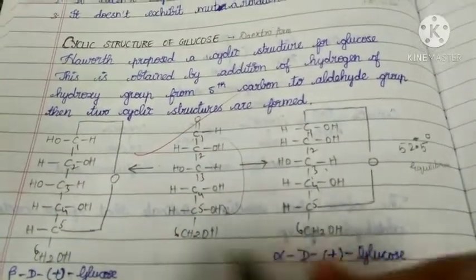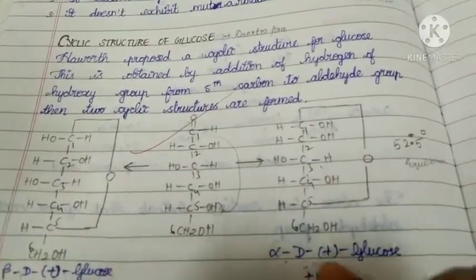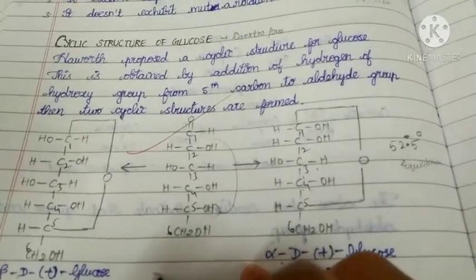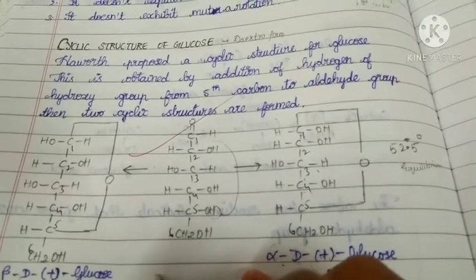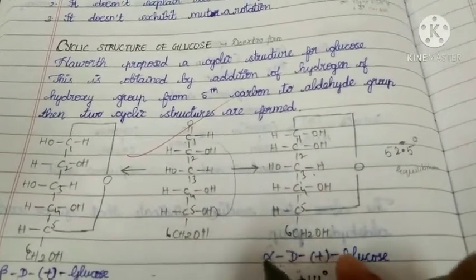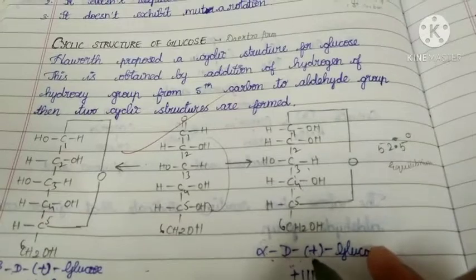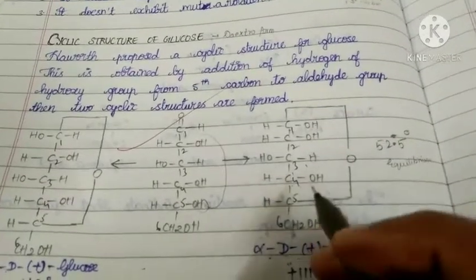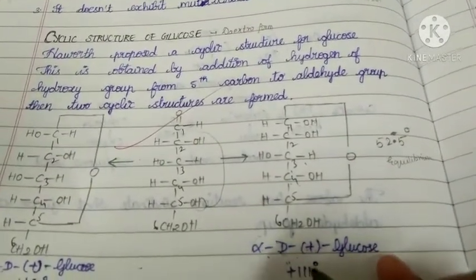So here also D. Then what does this plus sign indicate? This plus sign indicates glucose is naturally dextrorotatory. If it is levorotatory, we should mention a negative sign. If it is dextrorotatory, we should mention the positive sign.